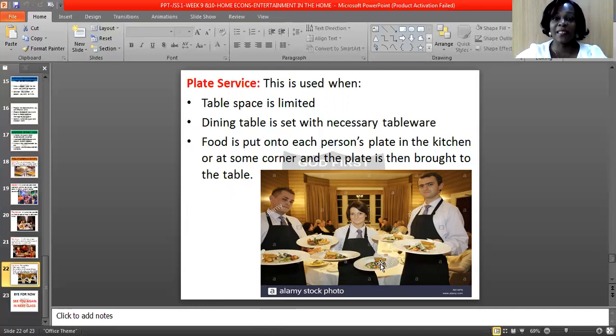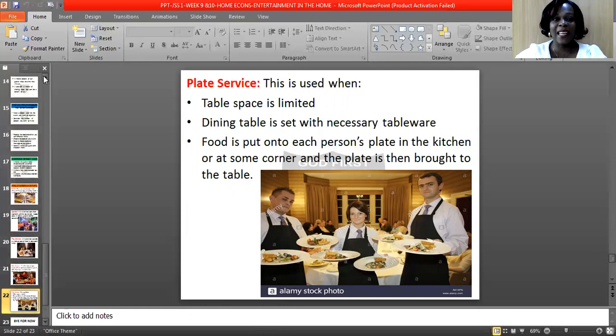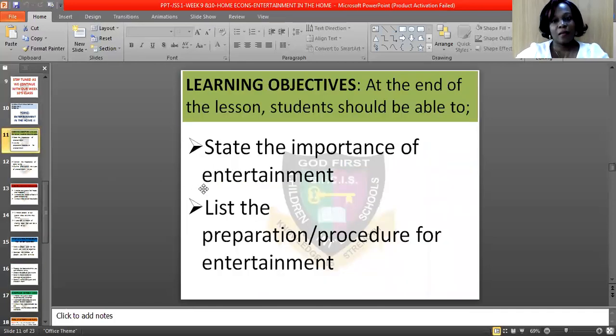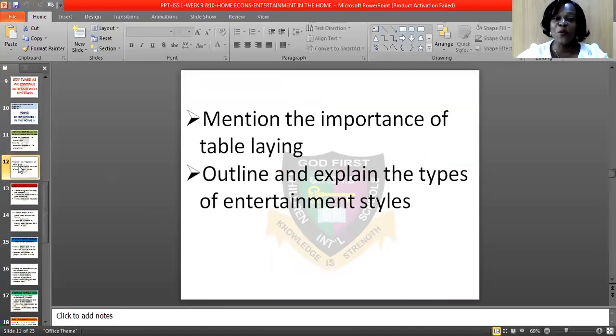My dear wonderful students, I believe that with this, you have gotten the learning objective of this topic, which says that at the end of this class, you'll be able to state the importance of entertainment, list the preparation or procedure for entertainment, mention the importance of table laying, and outline and explain the types of entertainment.